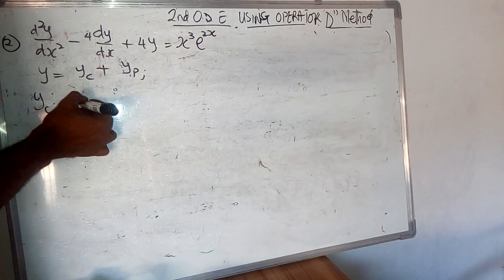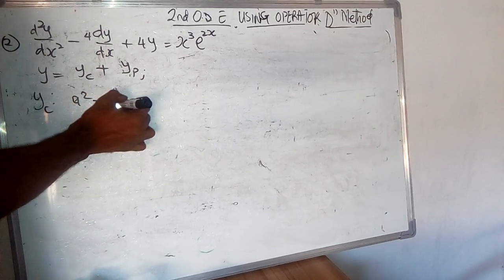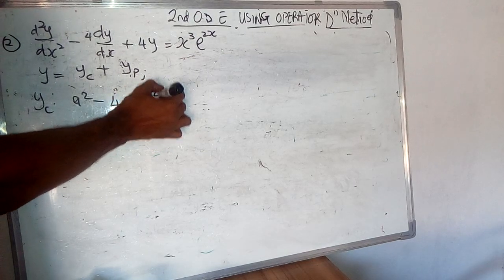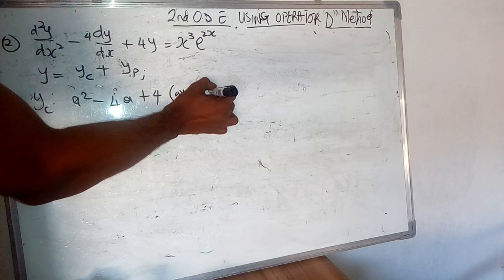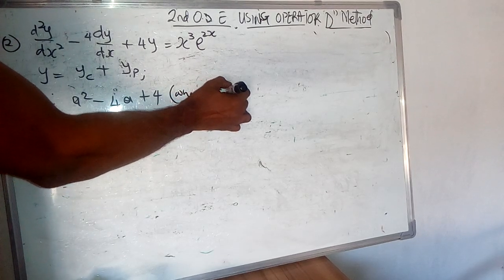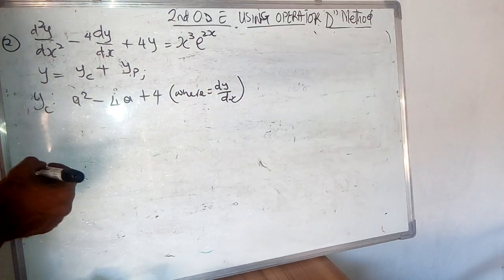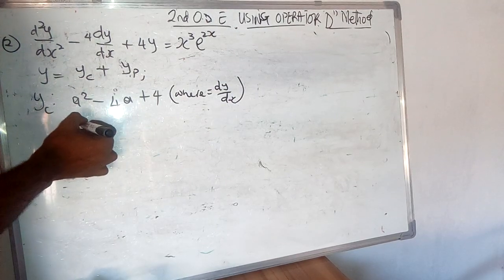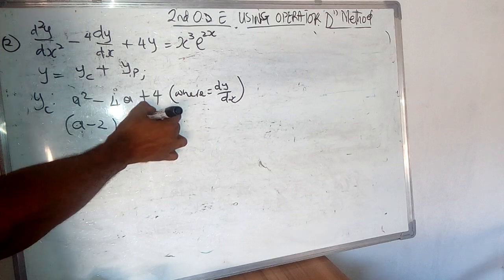This will give us a squared minus 4a plus 4, where our a is substituted with dy over dx. Solving this quadratic equation, we factorize it to have a minus 2 and a minus 2.